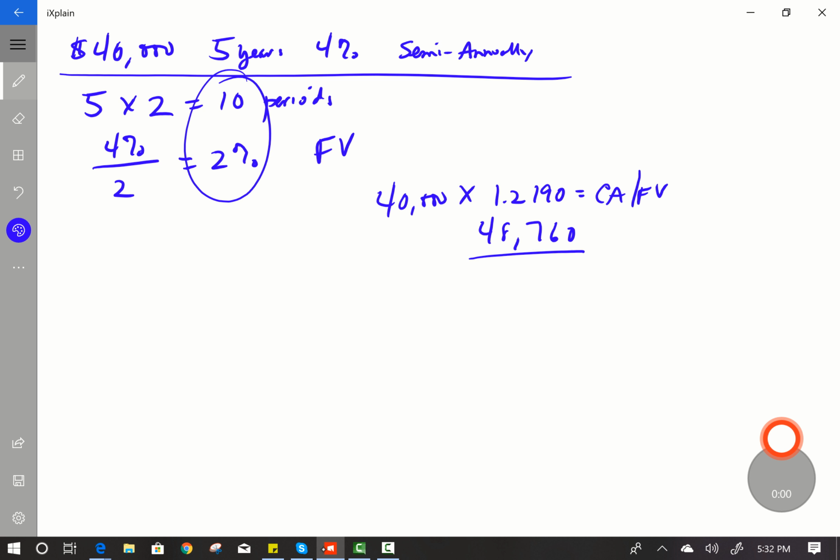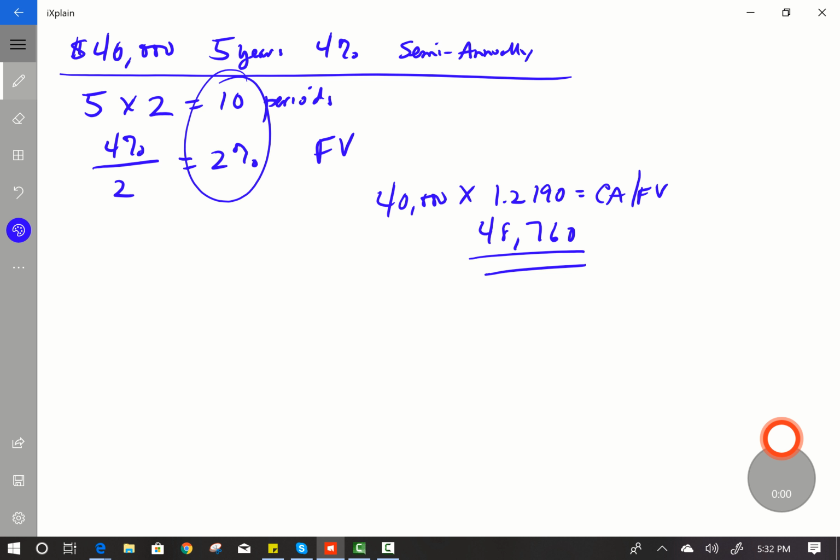Okay, that's what the $40,000 will turn into in 5 years, compounded twice a year at 4% interest, it will turn into $48,760, meaning that you only made interest over that 5-year period of $8,760.